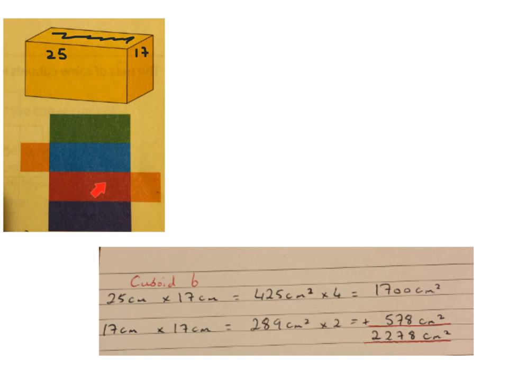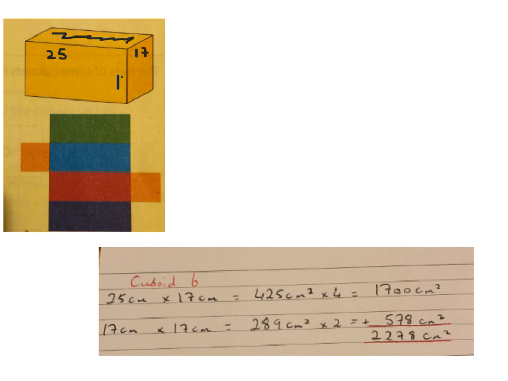But we're not finished there. There are 4 rectangles, so we have to multiply that by 4. So 425 centimeters squared multiplied by 4 gives us 1700 centimeters squared. Now we have to find the surface area of these two squares, okay? So we multiply 17 by 17 because we know all sides of the square are equal.